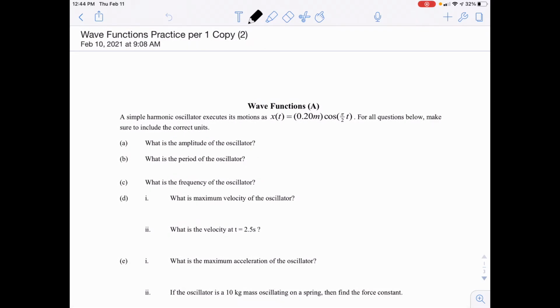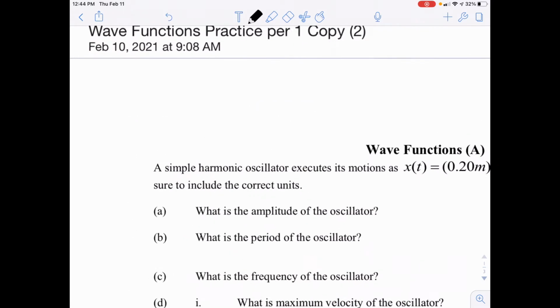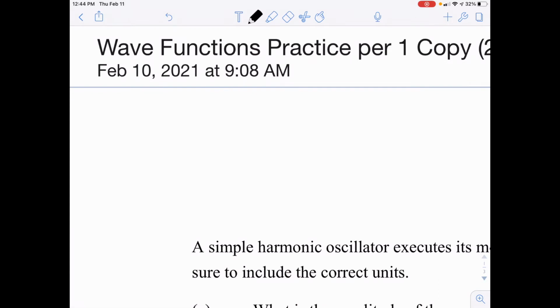If it's a cosine graph, then the general equation would be x is equal to A times the cosine of omega t, where omega can be expressed as a couple of things.